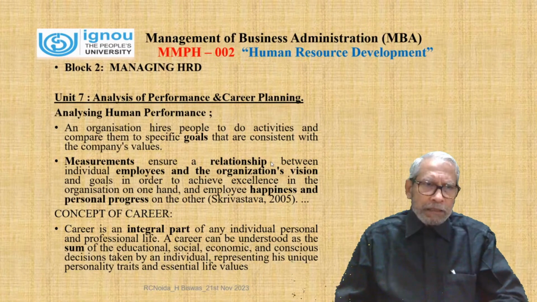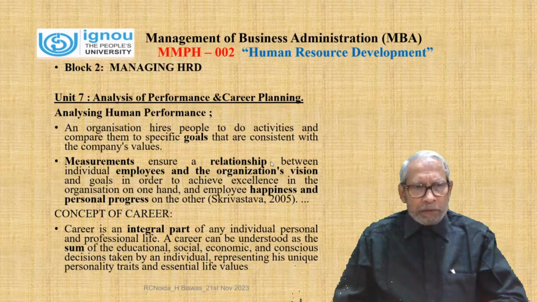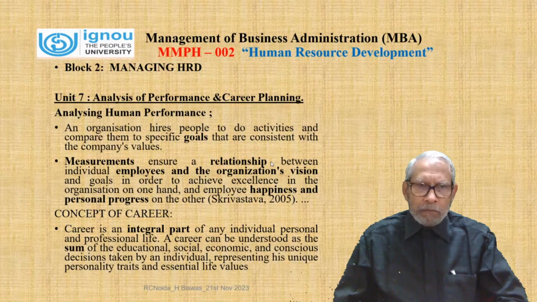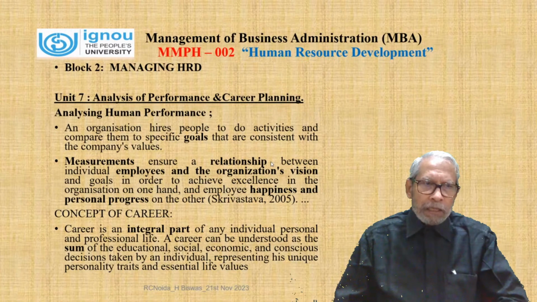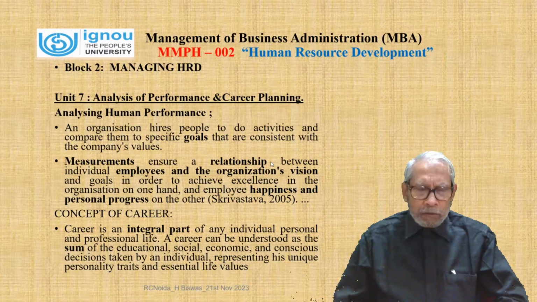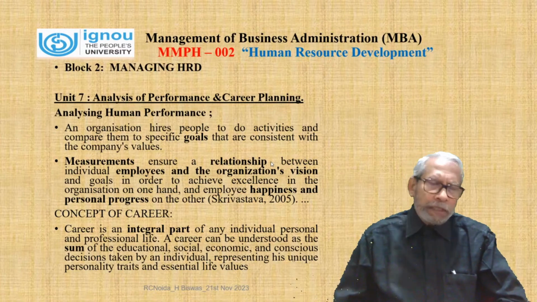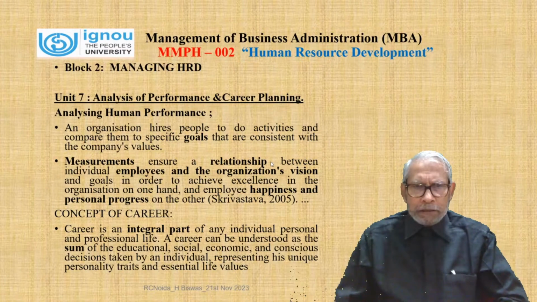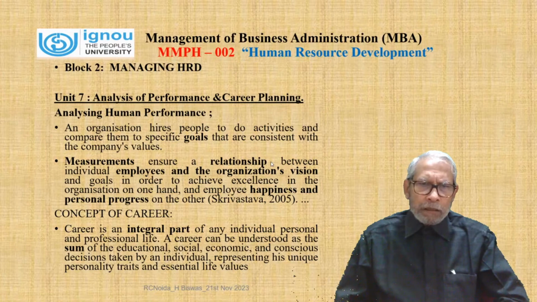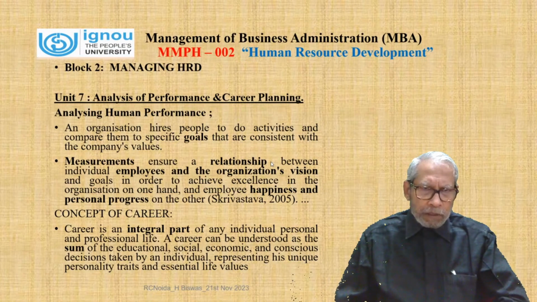achieve excellence in the organizational goal. Happiness and personal progress are also parallelly equal. So happiness is also to be looked at, so that basically anybody should not be overloaded or overshadowed by anything. That is Srivastava, 2005.